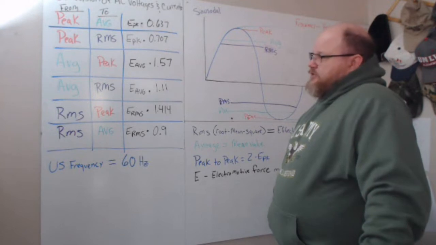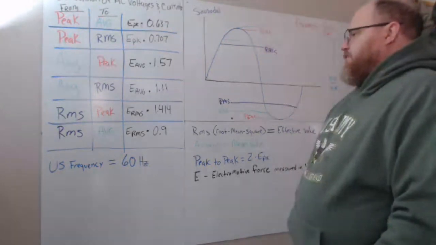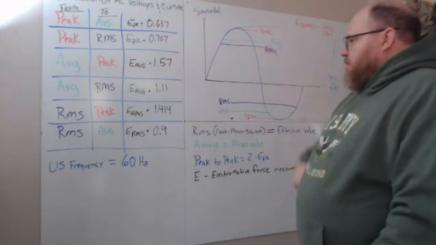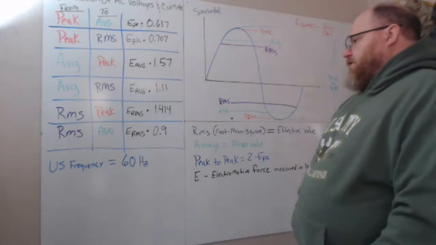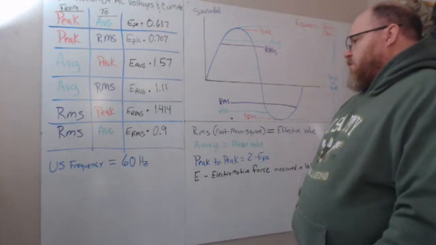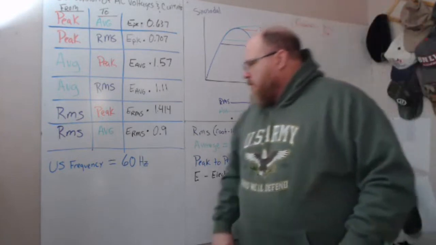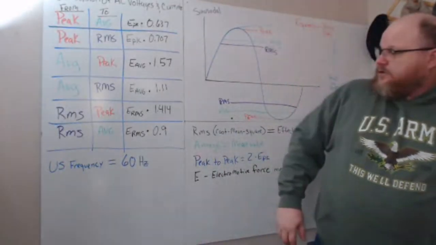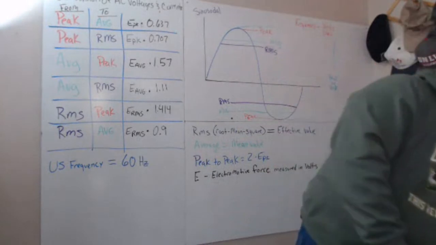If we're converting average to RMS, we're using the average times 1.11. And if we're converting RMS to peak, we use 1.414. If we're converting RMS to average, we go by 0.9.